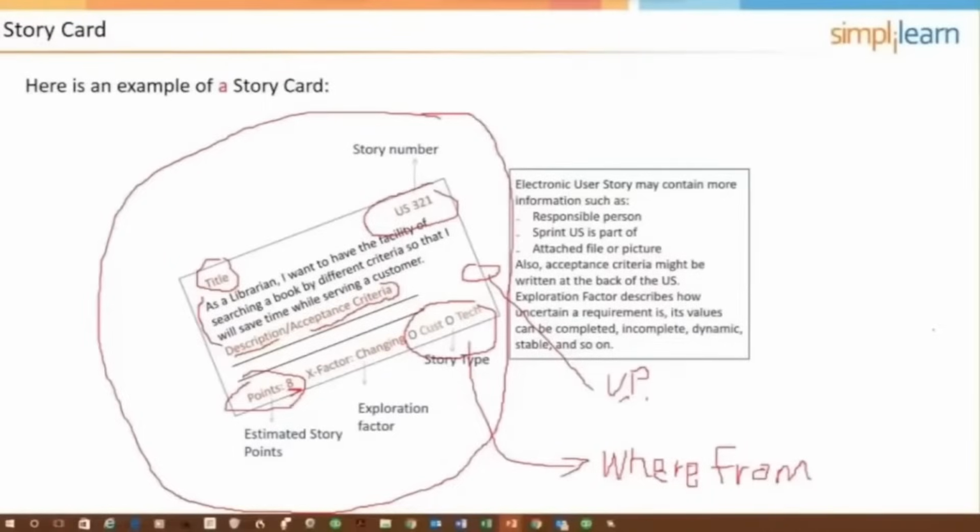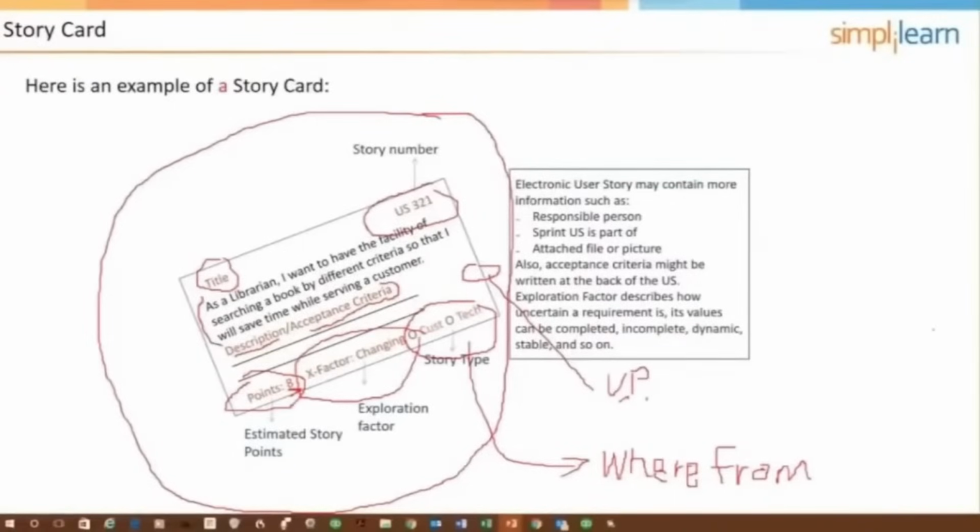And then there's also going to be an X factor, which would be some kind of word, probably like stable, erratic, incomplete, something like that, so that the team is designating the user story with respect to the amount of uncertainty or risk that's associated with it.